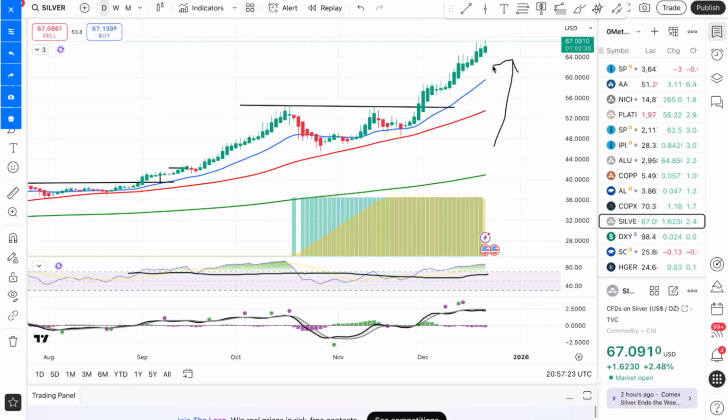Now I think there's going to be resistance at around $70, but then 3 or 4 months from now, it's going to break that $70 range, and it's entirely possible that in 6, 8 or 9 months it is going to be $80.